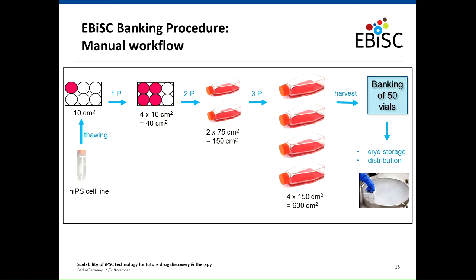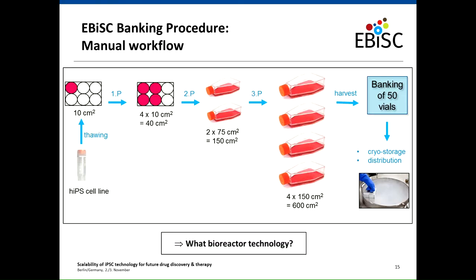Then first of all, you bring it into one well of a 6-well plate. You expand it for 3 to 5 days, something like that. And then you passage it and split it to 4 wells. Then another passage into 2 T75 flasks. And then another passage into 4 flasks, harvest, and then you bank 50 vials. And usually you have between 1 and 2 million cells inside your vials afterwards.